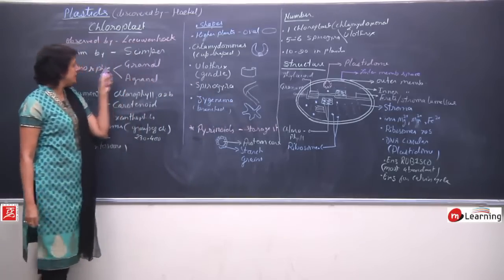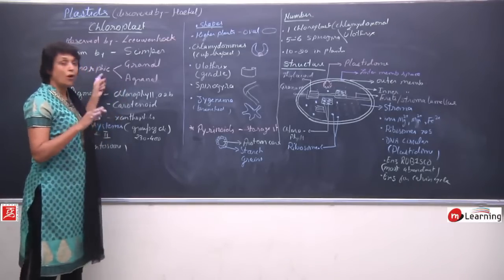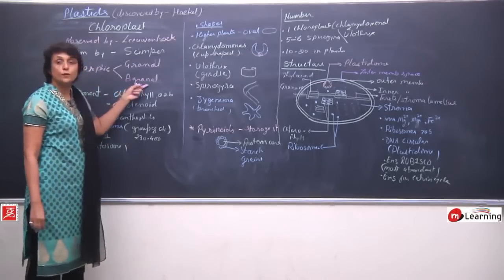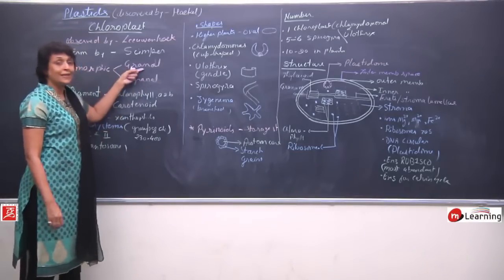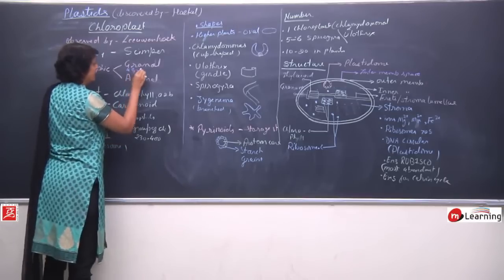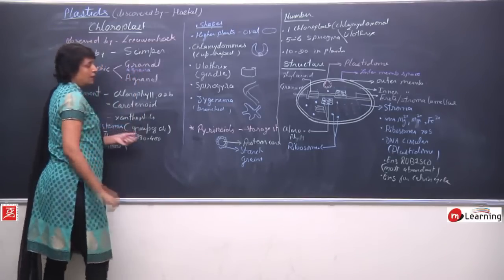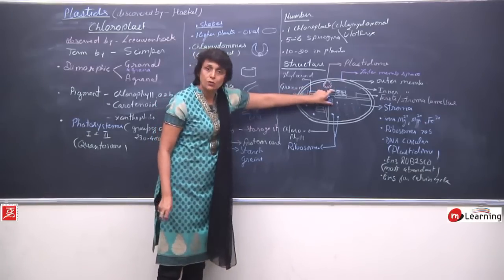We said that they are dimorphic. There are two forms. Morph means forms. Two forms of chloroplast: granule and agranule. Granule means grana present. What are grana? These stack-like structures are called grana.